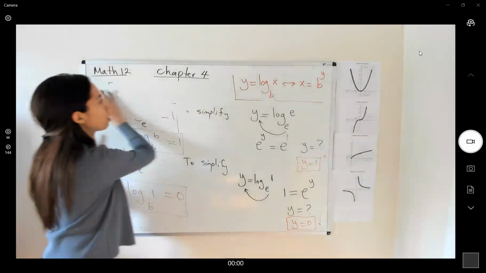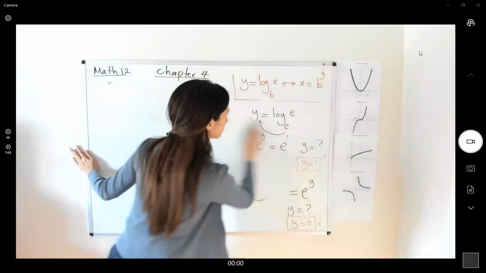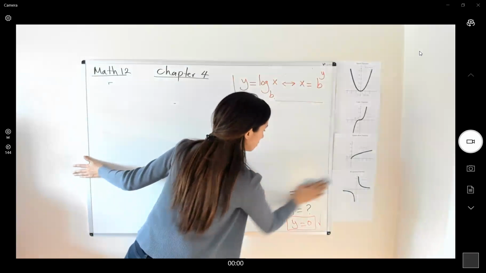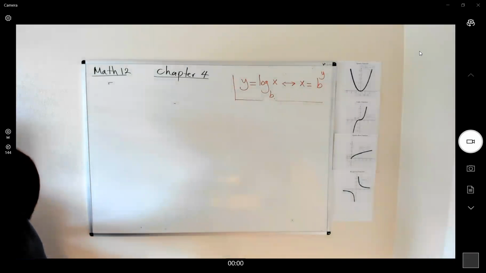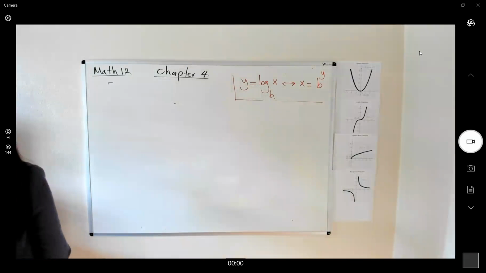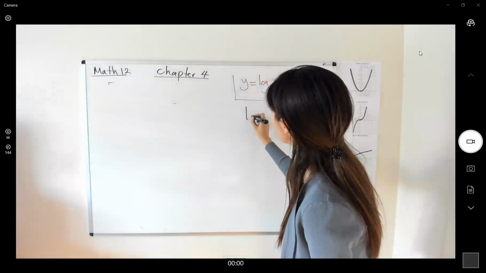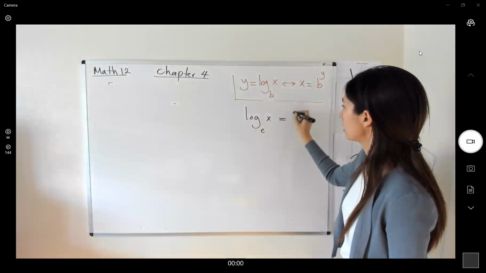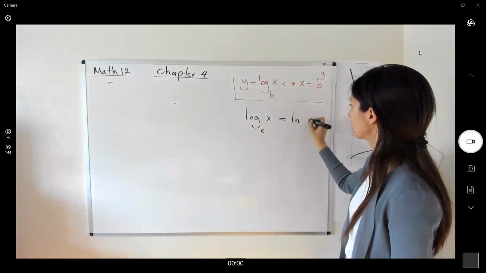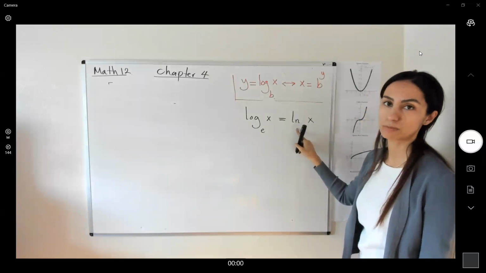Important properties of logarithmic functions. First of all, when you have base e in the pure number, we call it natural log. So whenever you see log with base e of x, we can write it as ln of x, and we call it the natural logarithmic function.